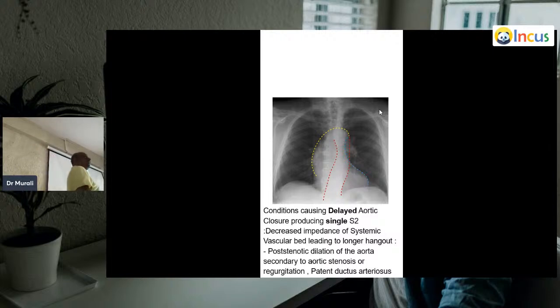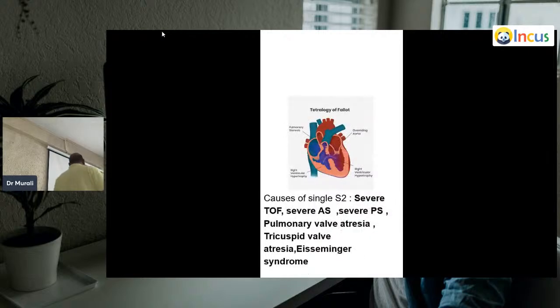Once more, if the PDA is there: from the left ventricle into the aorta, aorta into the PDA, PDA into the pulmonary artery, into the pulmonary vein, into the left atrium, and back into the left ventricle. So the left ventricle will think, hey, I pushed the blood into the aorta, but all that it pushed into the aorta is coming back and rejoining it quickly. So the left ventricle hangout time will become longer, and that also leads to a single S2. That is what you need to remember.